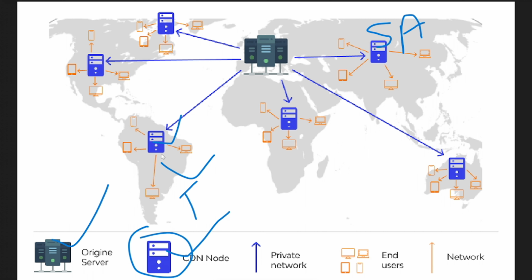Let's suppose someone is going to access photos, even if you are on Facebook and opening your profile, definitely when you open your profile, all the contents will be loaded frequently. So do you realize how quickly the performance can be achieved? You can view your content quickly wherever you are.